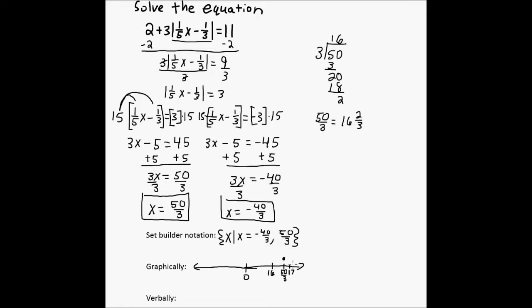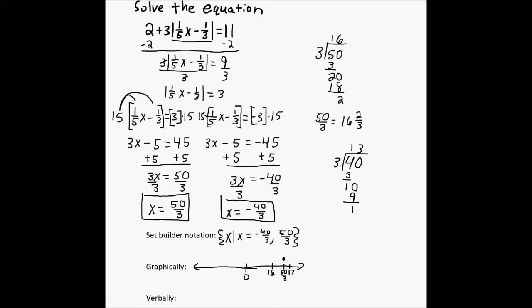So there's one solution. Let's go ahead and find out what two integers negative 40 over 3 is between. So I'm going to find out how many times 3 will go into 40. So once with 1 left over. Bring down the 0. 3 will go into 10 3 times with 1 left over.